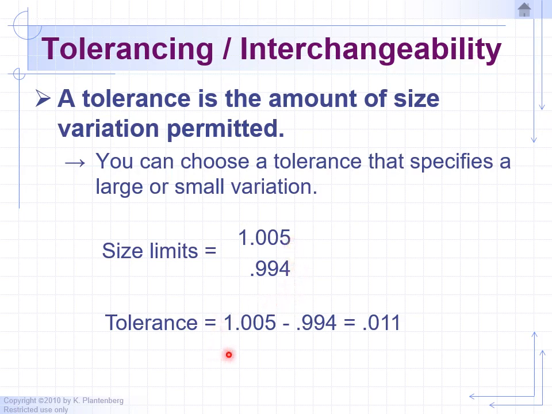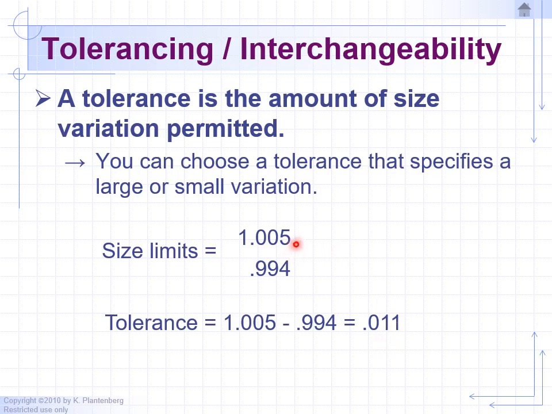All you have to do is subtract 1.005 minus the low, 0.994, and that's 0.011 inches. So this is the tolerance. This is how much wiggle room you're giving the machine shop. Yes, you are aiming for 1.00 inches in diameter, and you're giving the machine shop a tolerance of 0.011: 0.005 in one direction, 0.006 in the other direction, for a total of 0.011.